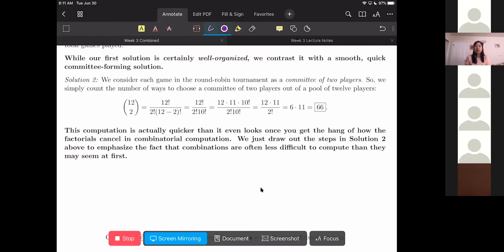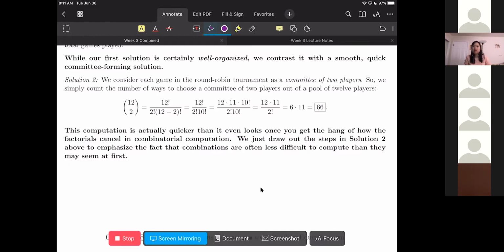So the question transforms into how many ways there are to choose a committee of 2 players out of a whole group of 12 players. And then we see that the answer would be 12 choose 2. If we calculate 12 choose 2, of course, it ends up being the same as our previous answer, which is 66.